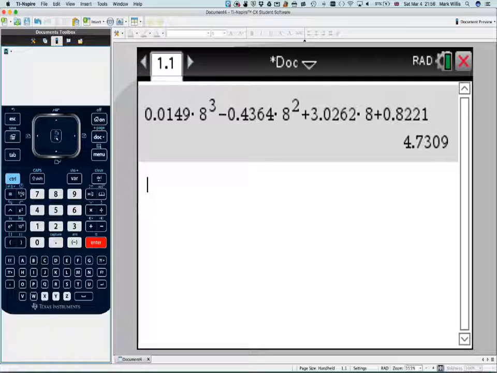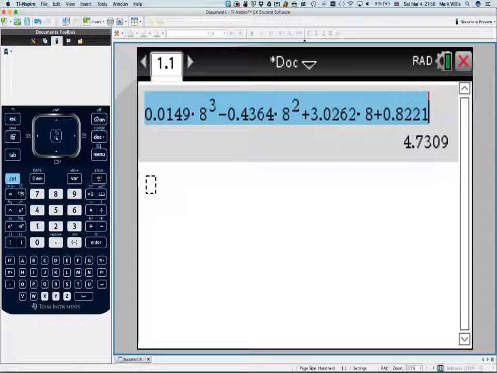Now at this particular point I'm going to actually copy that as well, so highlight it and then do Command C. I'll explain why I did that later.